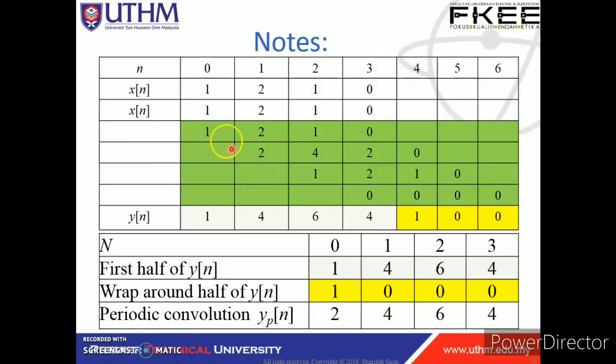I use sum by column to calculate the periodic signal for the discrete signal xn, with the same technique that I've shown to you. And you will get 2, 4, 6, 4. Please do the revision on the convolution, periodic convolution, so that you can solve this question of periodic convolution of the discrete signal xn with xn.